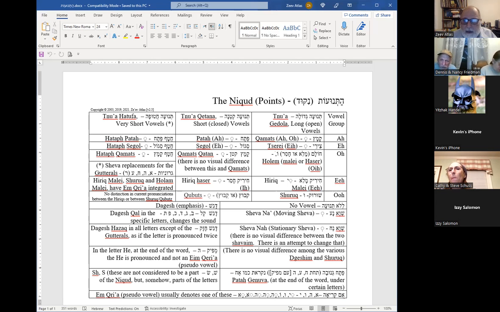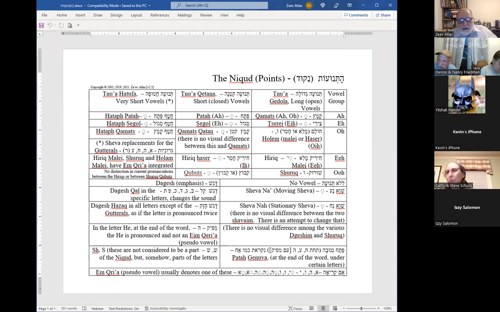Interestingly, the old Hebrew alphabet, which we'll discuss in a few minutes, had only the consonant part.